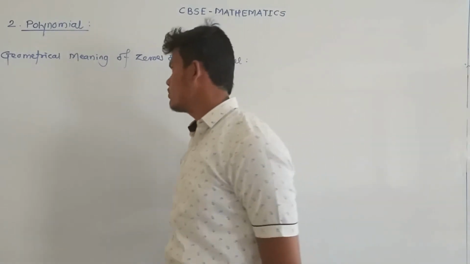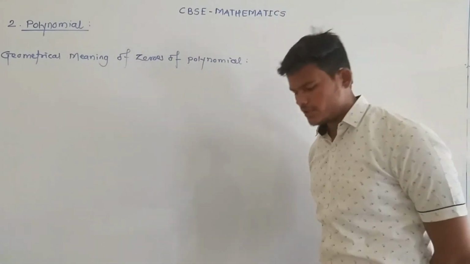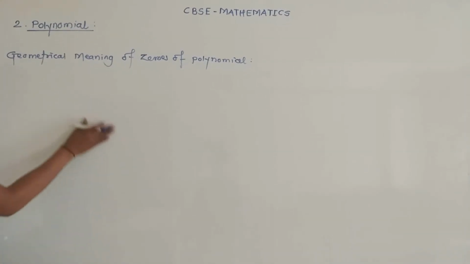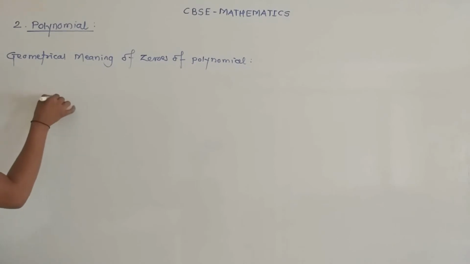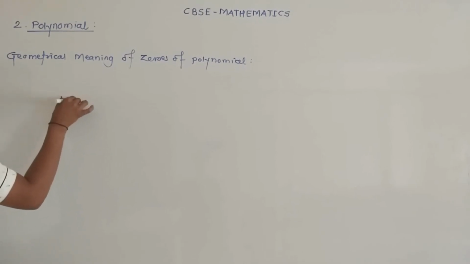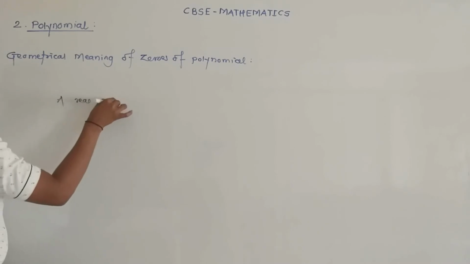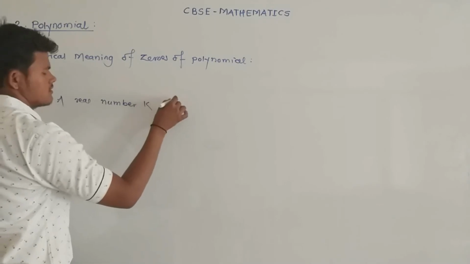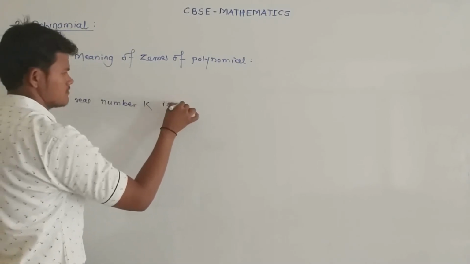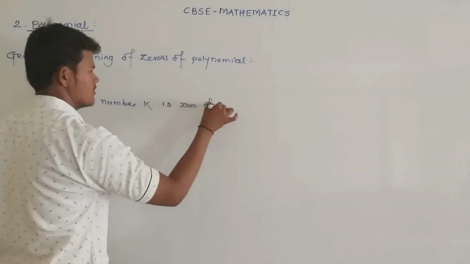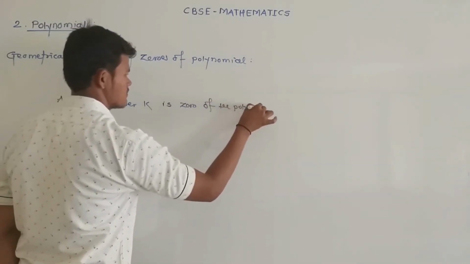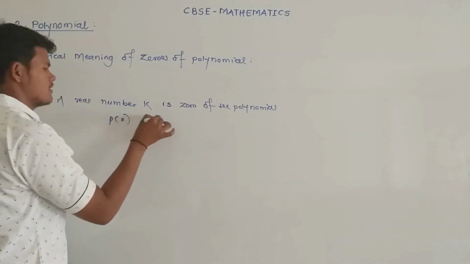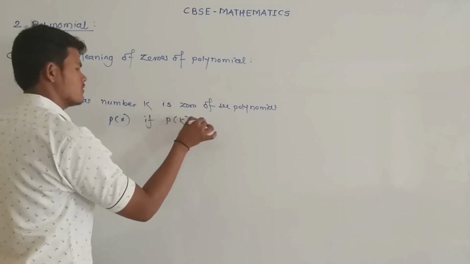The next point is the geometrical meaning of zeros of the polynomial. We have already discussed what zeros of a polynomial are. A real number k is a zero of the polynomial p of x if p of k is equal to 0.